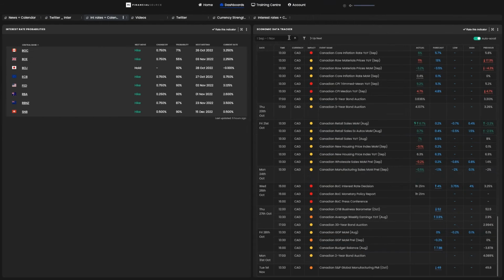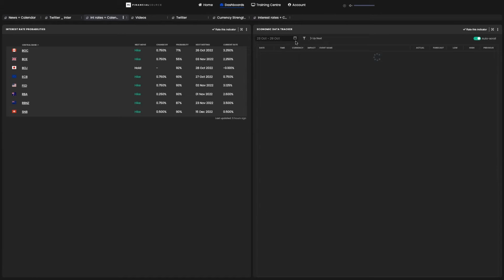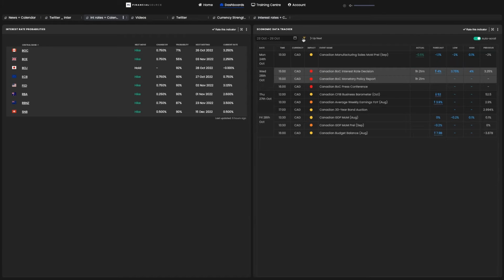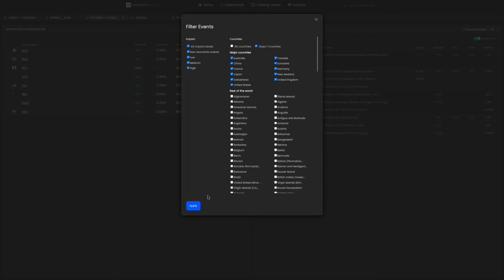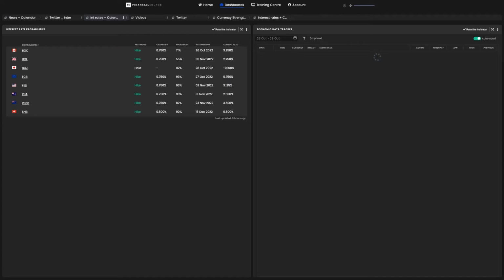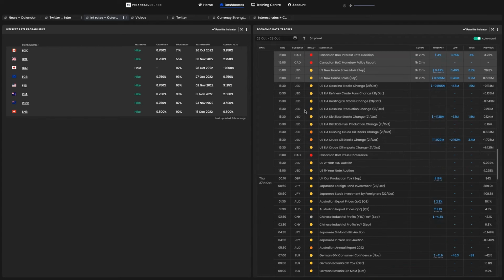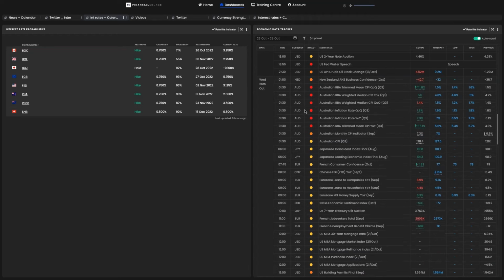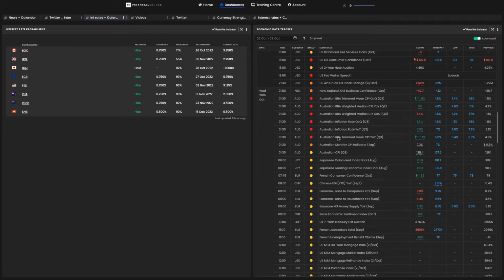Now, the reason we want to look at the Australian dollar as well, if I just put the major countries up, is because of this important reading that we had overnight in terms of the Australian inflation print. Can you see here that the inflation print came year on year, headline 7.3%, above the 7% expected and in line with the high expectations.